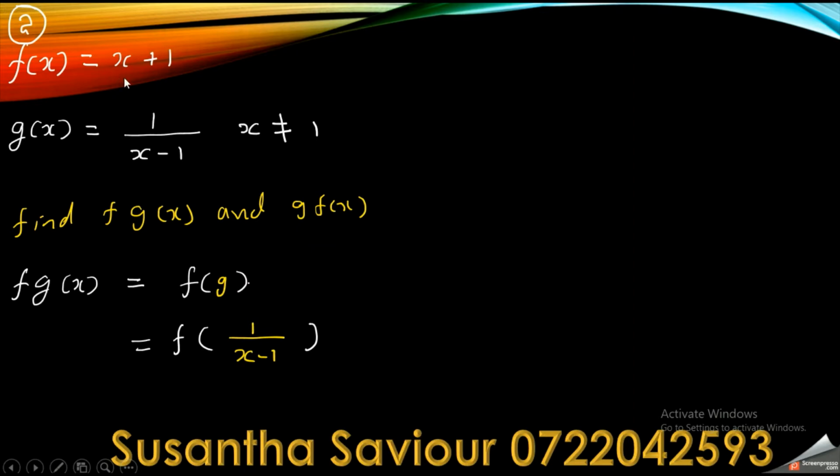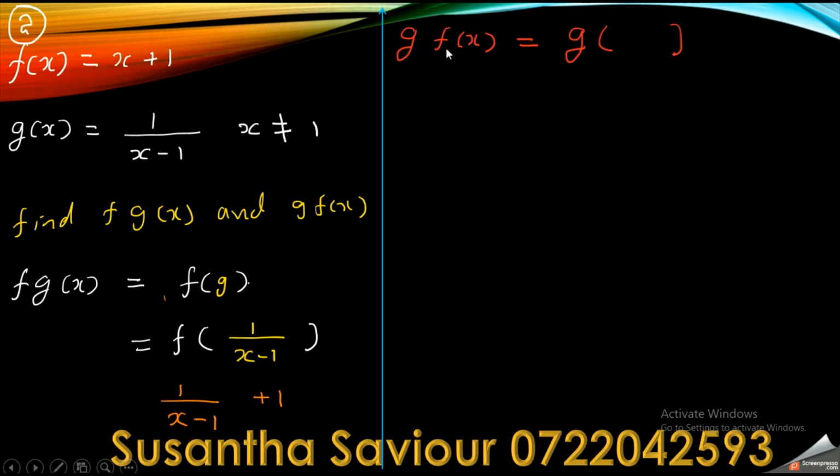So in the function f you apply 1 over x minus 1, then this plus 1 is here. Okay, we'll take the other one, g(f(x)). In the function g you apply f, which is x plus 1, right?